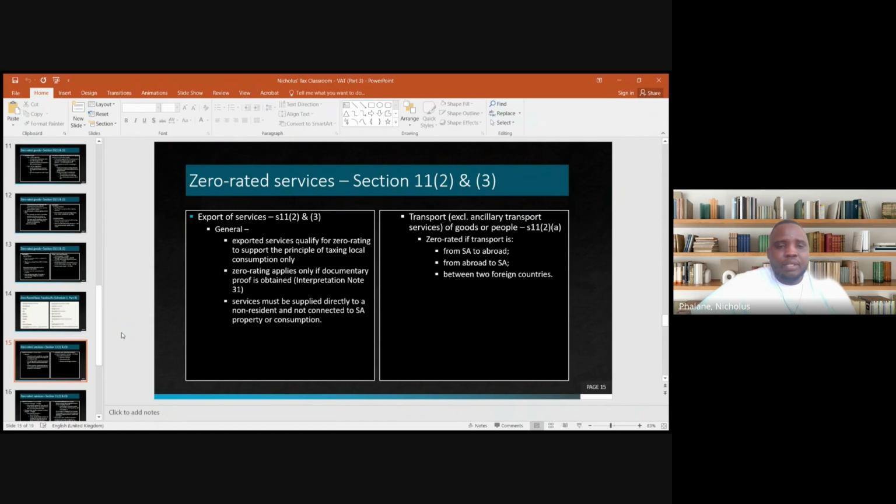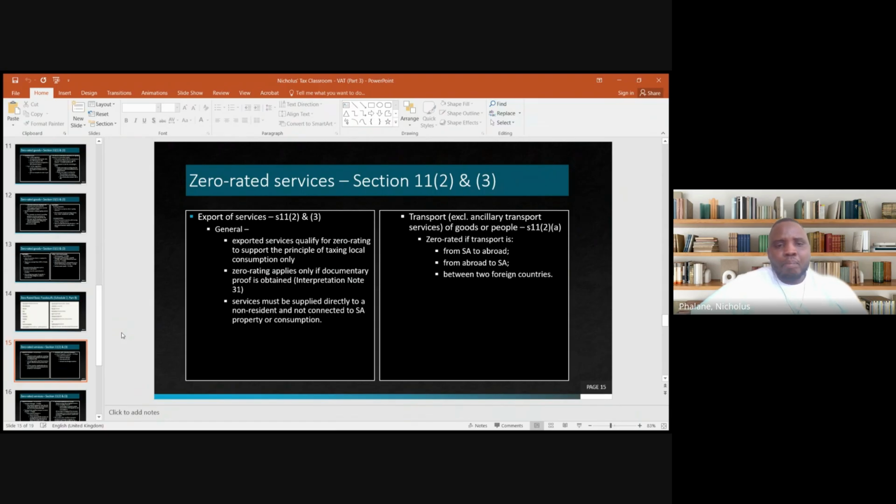Because the introduction of VAT was basically to tax local consumption only. That's why when you export, the items are zero rated. Even goods, right? Goods are zero rated when you export them. So services as well, right?